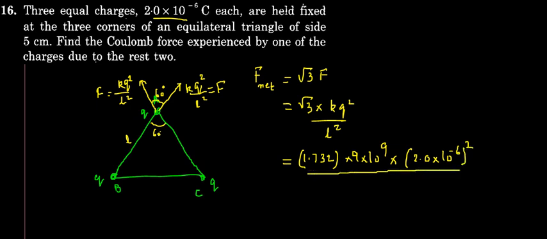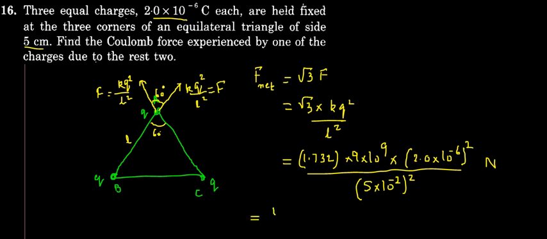In the denominator you take the distance between any two charges, which is 5 centimeters, so 5 times 10 to the power of minus 2, and you square it. You will get a force in newtons, because all the units we've chosen are in the SI system.